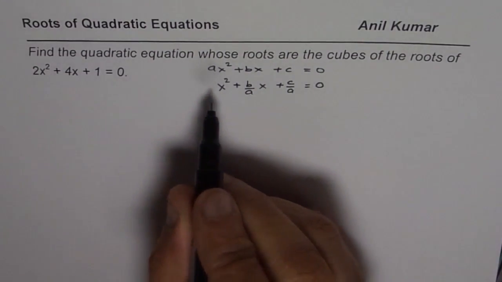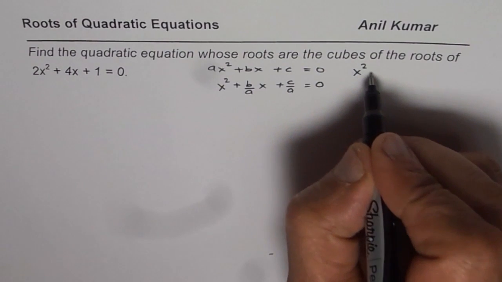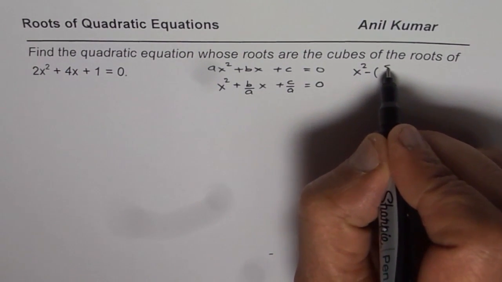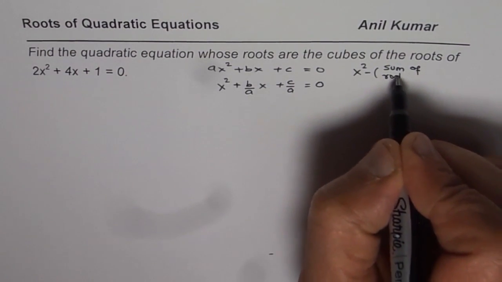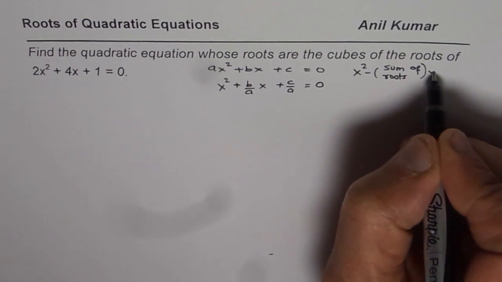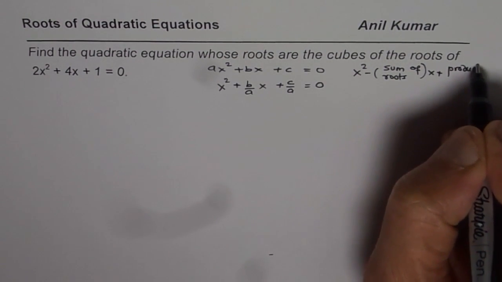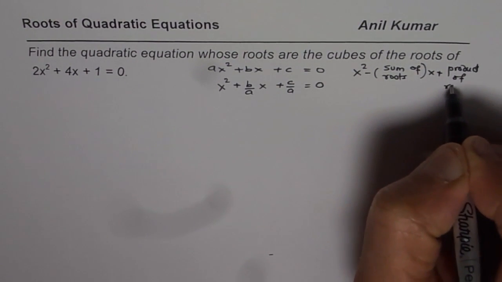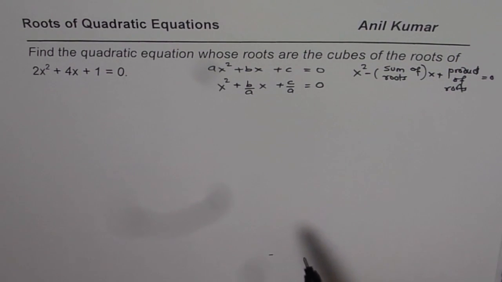The other way to write a quadratic equation is x squared minus sum of roots times x plus product of roots equals 0. So that is another way of writing.